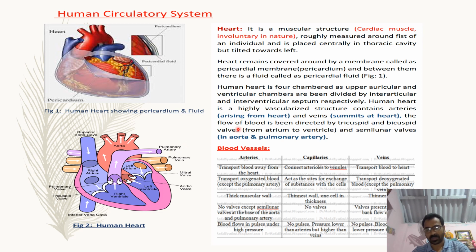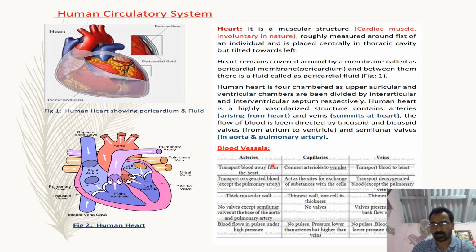Now, we have a closed circulatory system. Closed circulatory system means blood flows through blood vessels. Cells and tissues are not in direct contact with the environment, and blood also does not remain in direct contact with the environment.